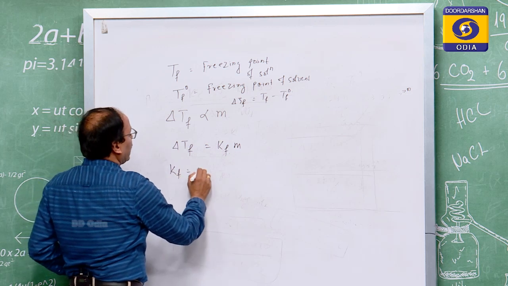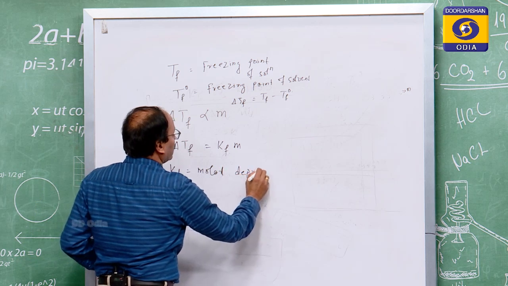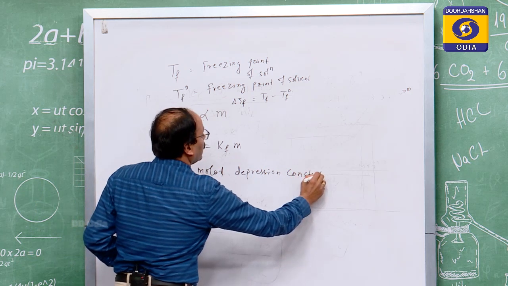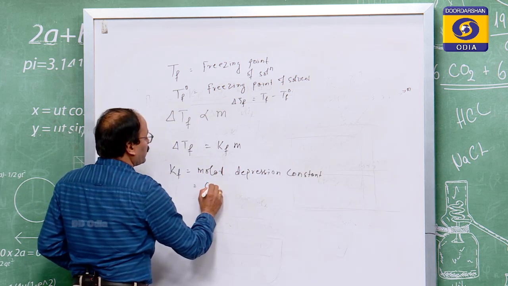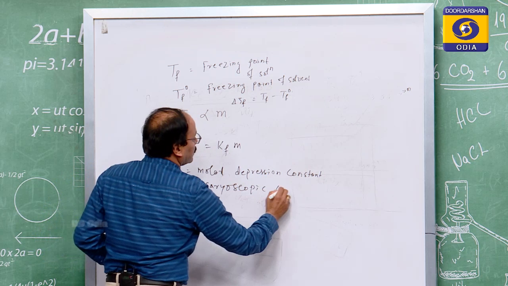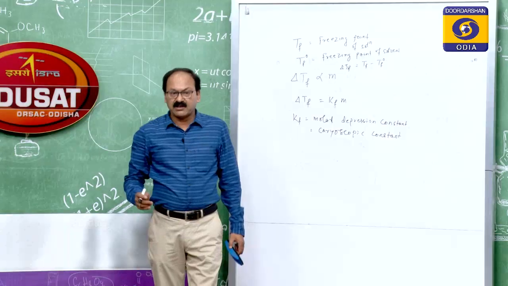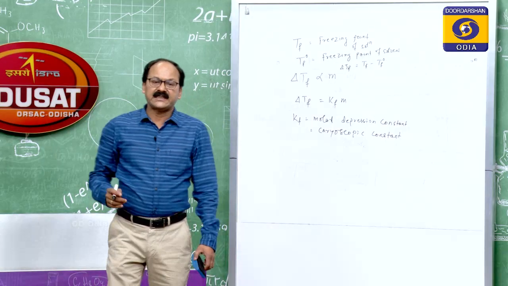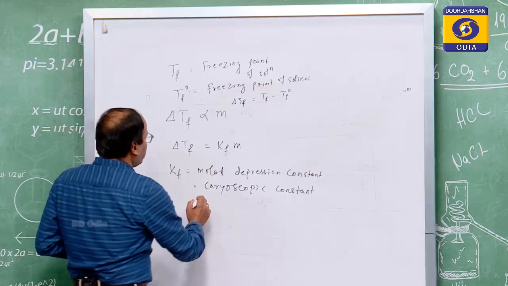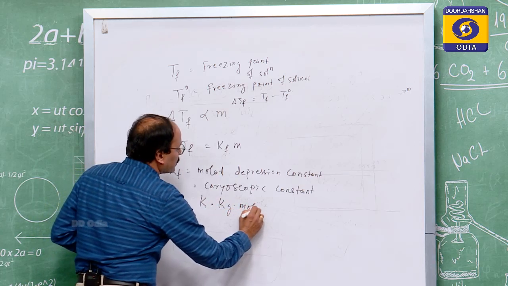Kf is the molal depression constant, or it is also called the cryoscopic constant. It is a constant quantity for a particular solvent. It depends only on the nature of the solvent, not on any other factor. Its unit is Kelvin kg mole inverse.